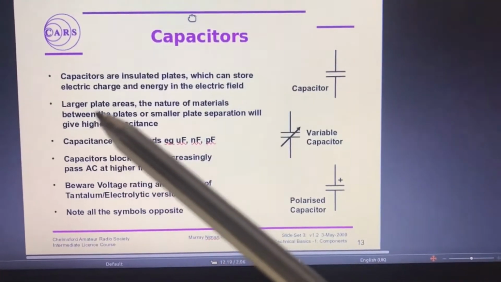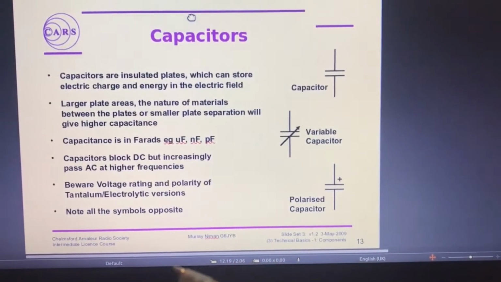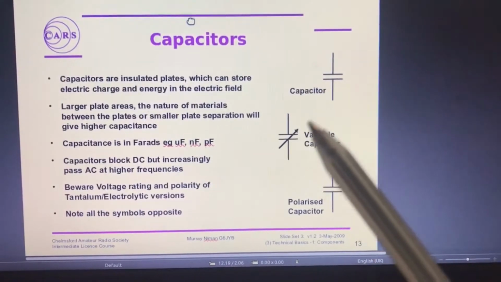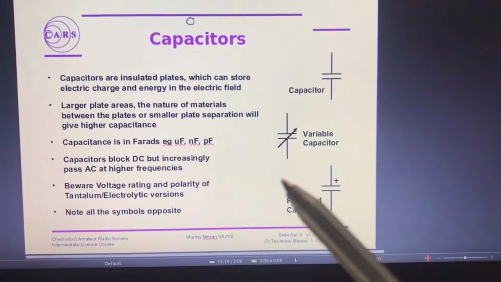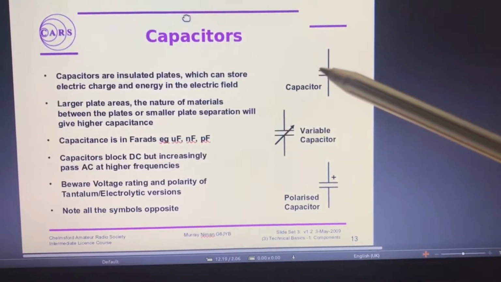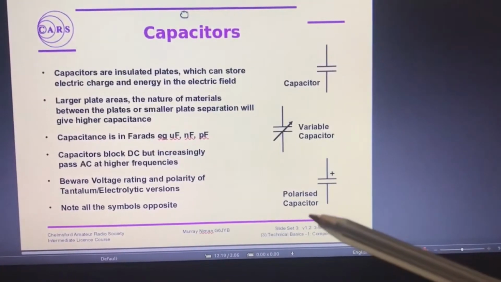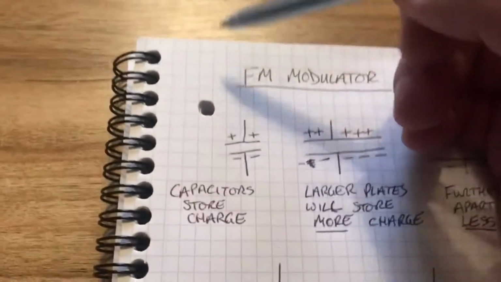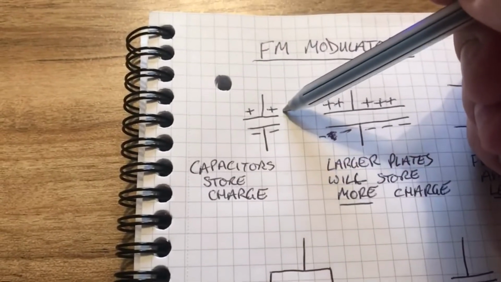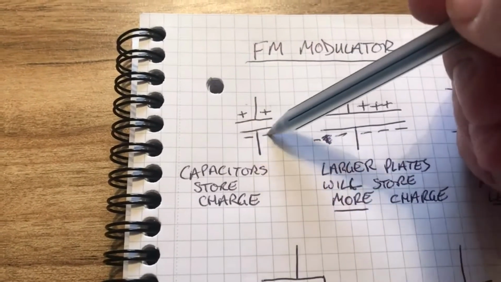Larger plate areas give you larger capacitance. The dielectric also affects the capacitance, and the spacing affects the capacitance. The closer they are together, the more they influence the other plate, and therefore the more capacitance it will hold.